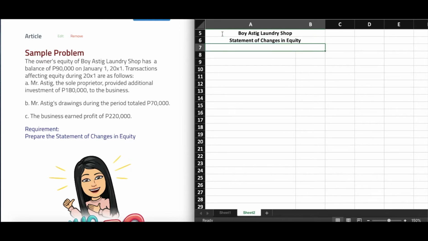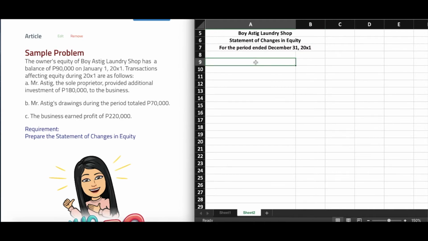And then for the third line, we need to write what period the financial statement covered. So for the period ended December 31, 20x1.